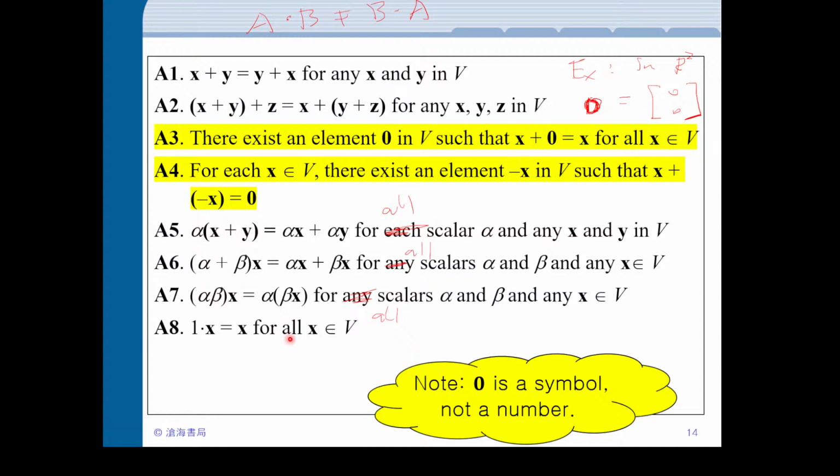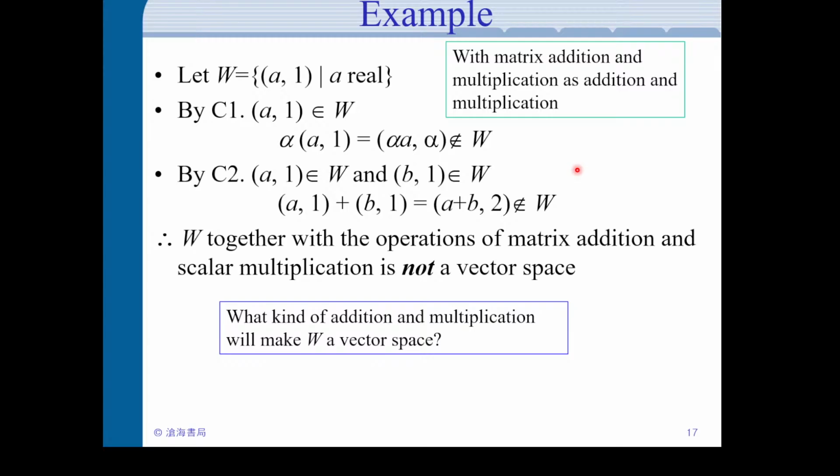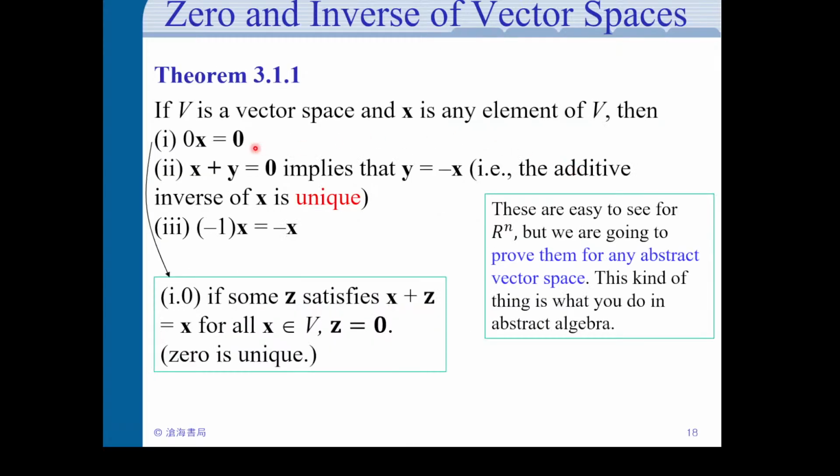In particular, we define our 0 and inverse in a very abstract way. We have those two definitions for 0 and the inverse, and we don't really say what our 0 and our inverse are.